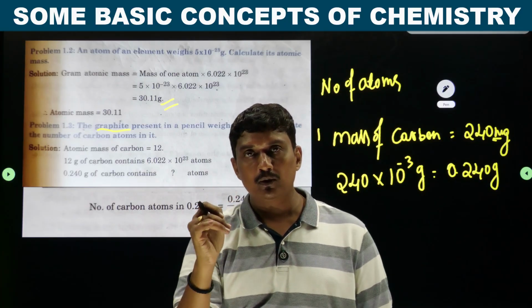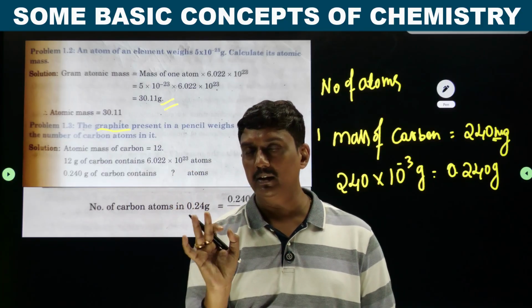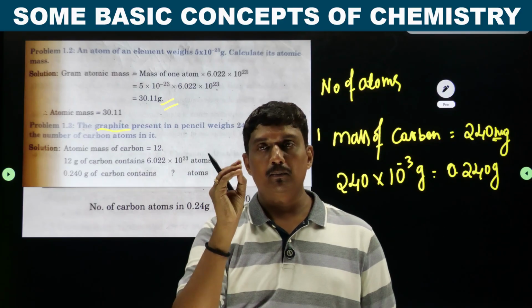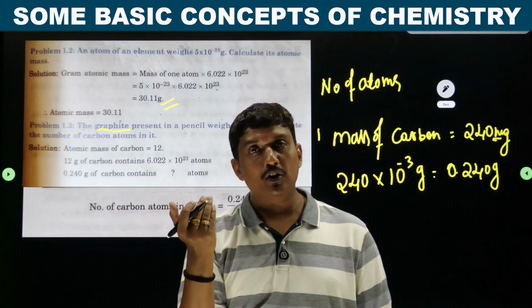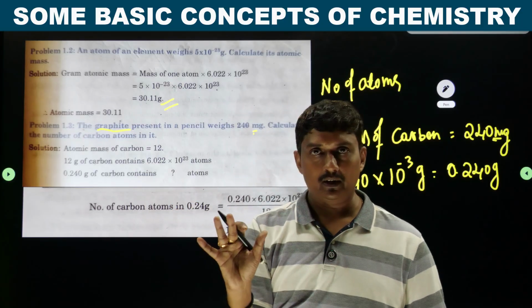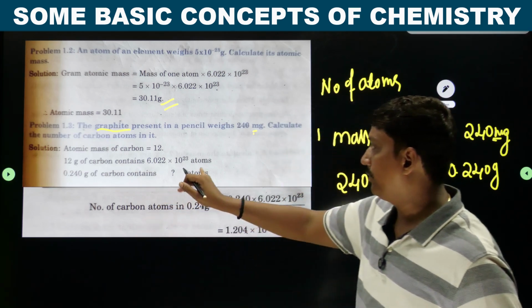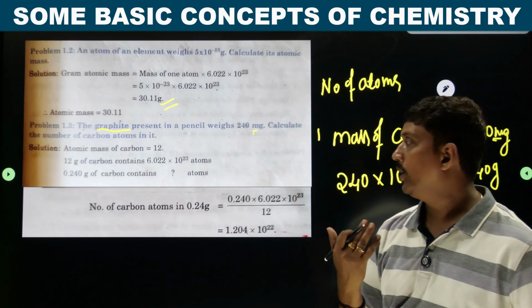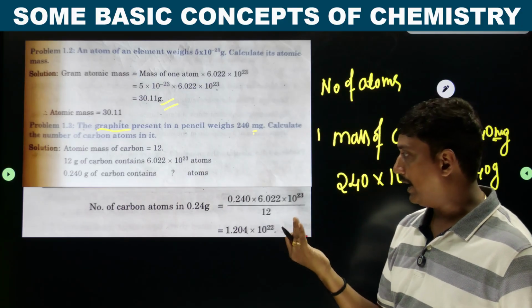If you know the moles, we can convert into number of atoms or number of particles very easily. Whatever is given should be converted into moles. If the number of moles is there, easily we can calculate. Here moles are not given, mass is given. The first step is to convert into number of moles, and number of moles into atoms.